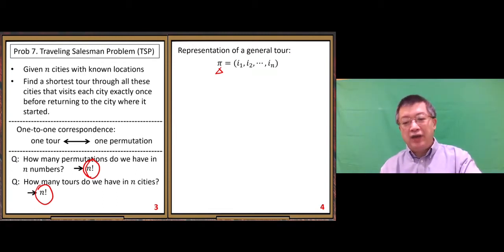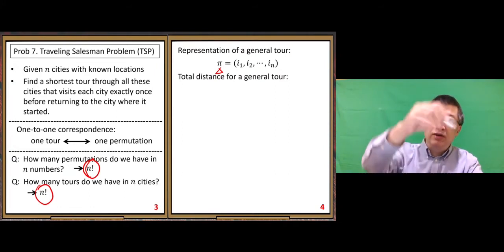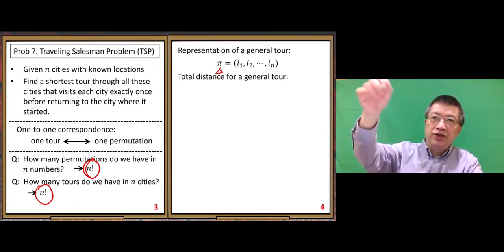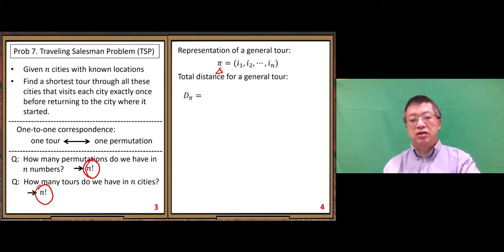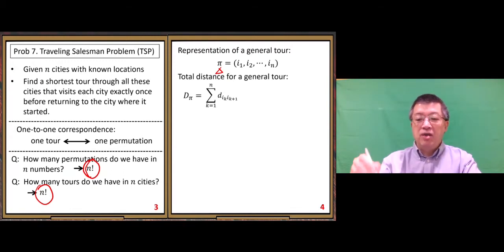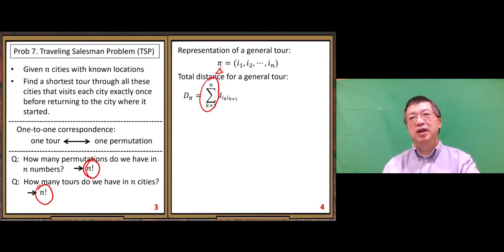If we have that, then we can represent the total distance for a general tour. Our distance expression uses the summation notation, big sigma. I think you learned it in your discrete math, so you should know it.